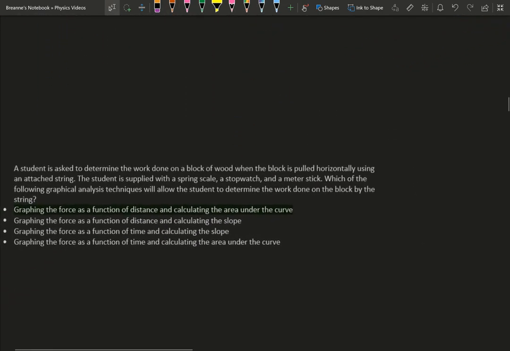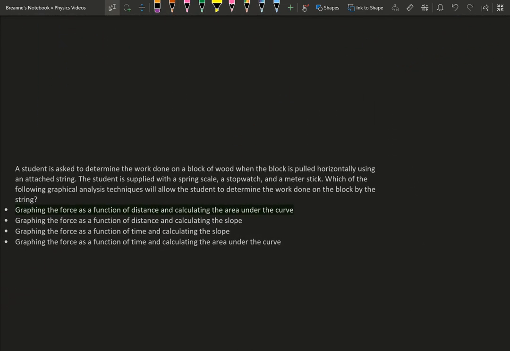So the next one, we have a student who is asked to determine the work done on a block of wood when the block is pulled horizontally with an attached string. The student is supplied with a spring scale, a stopwatch, and a meter stick. Which of the following graphical analysis techniques will allow a student to determine the work done on the block by the string?